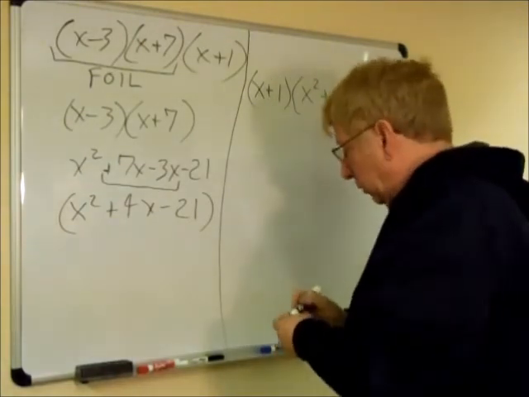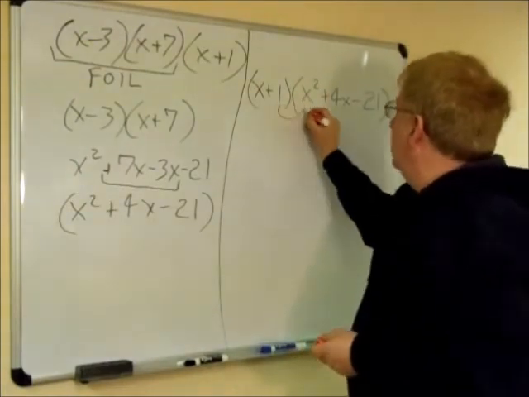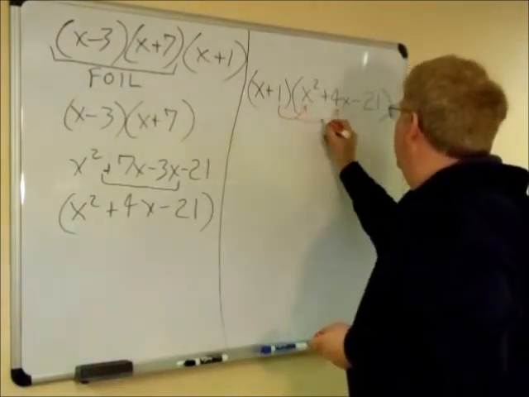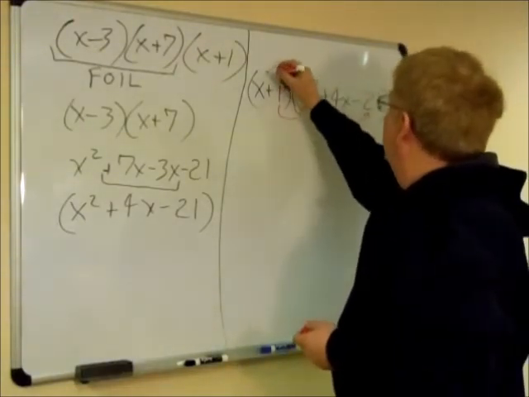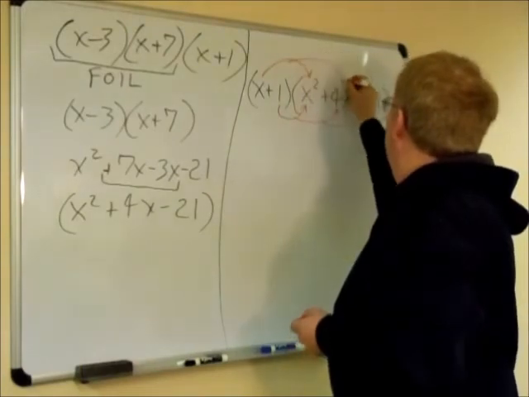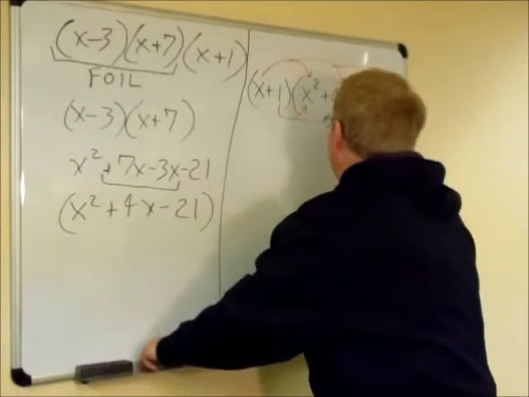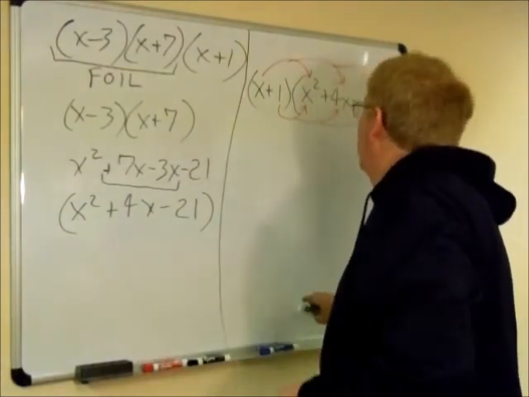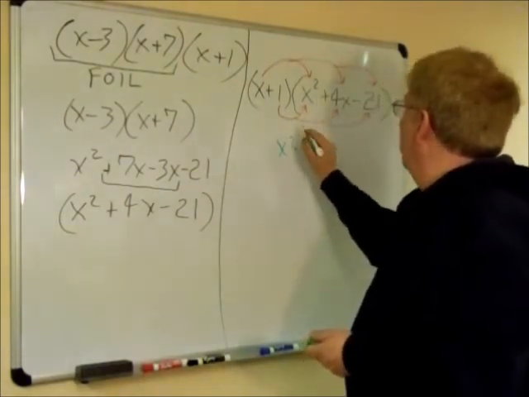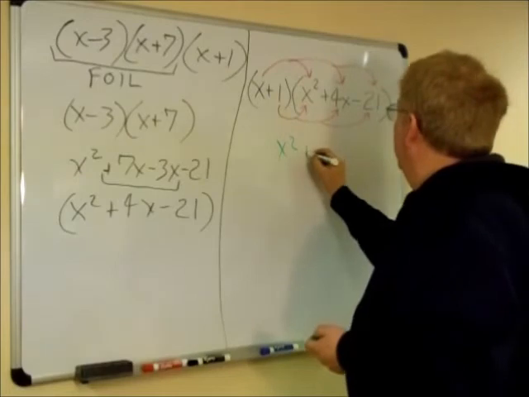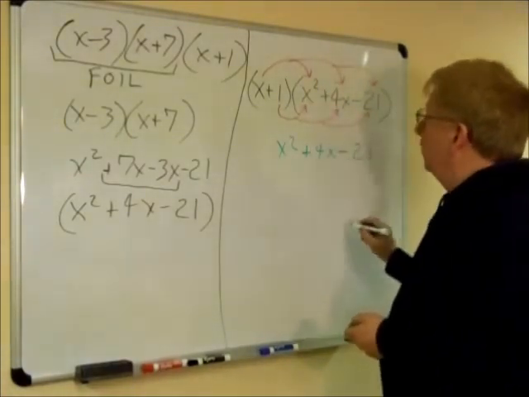Now we're going to distribute. To distribute, we'll take 1 times each term, and then we'll add to that x times each term. We'll distribute that across everything. When we do the first term, 1 times x squared gives us x squared. 1 times 4x gives us 4x. 1 times minus 21 gives us minus 21.